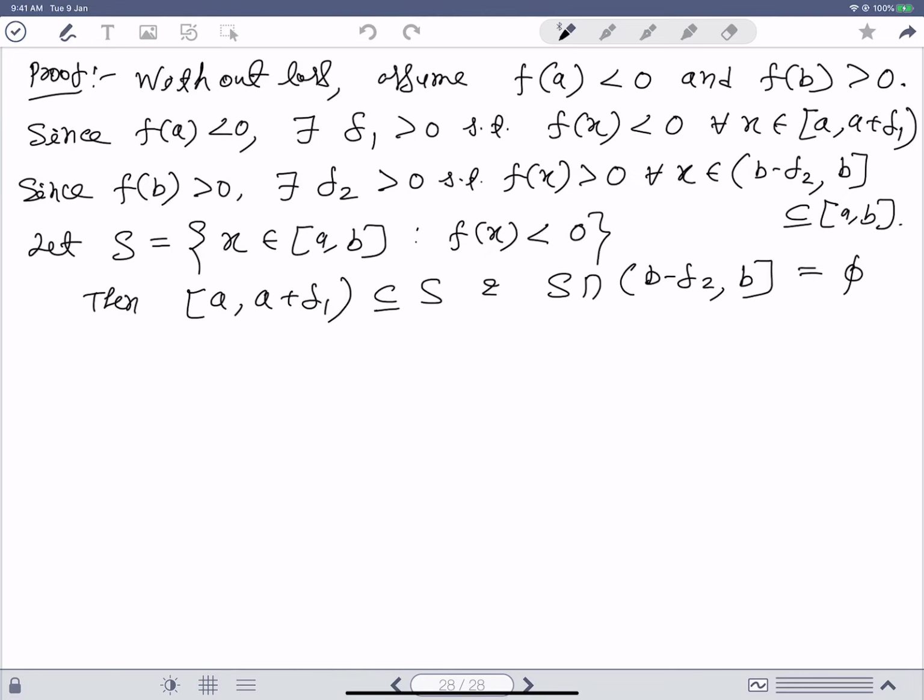Now first of all, since S is a subset of AB, that means S is a bounded set, or you can say that S is bounded above.